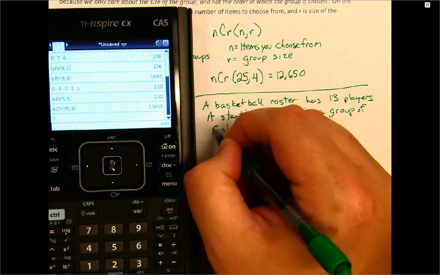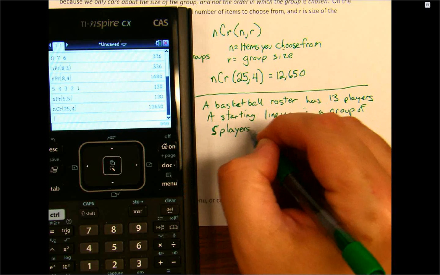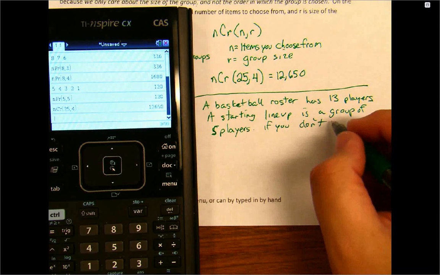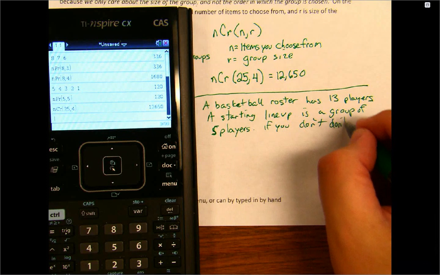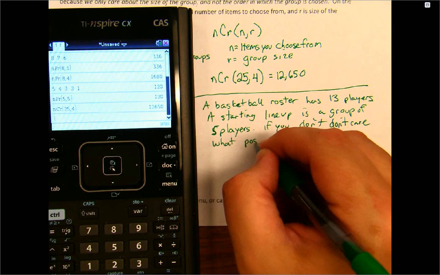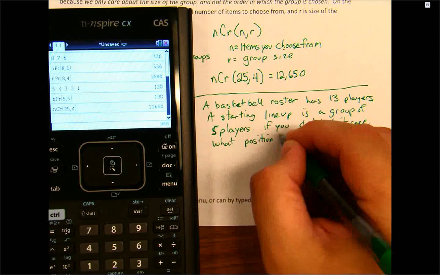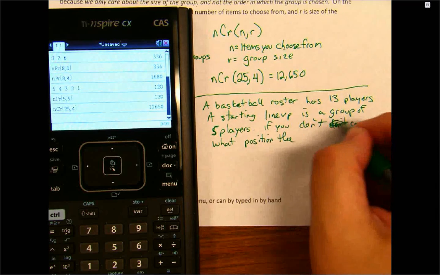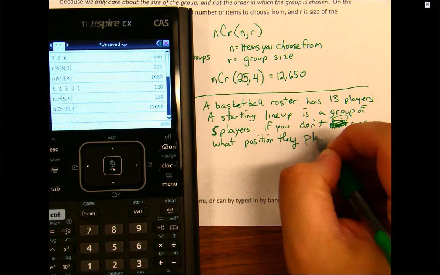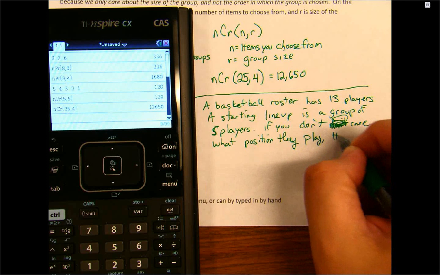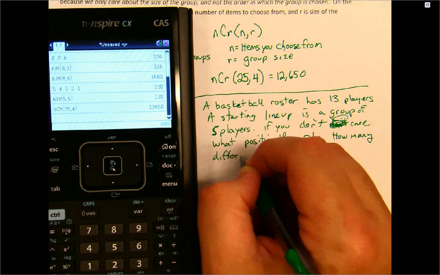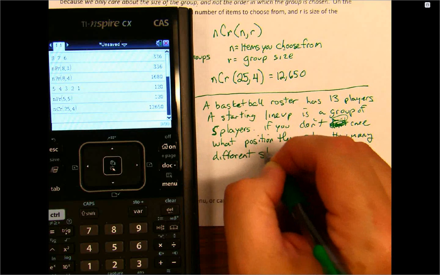If you don't care what position they play, how many different starting lineups can you make?